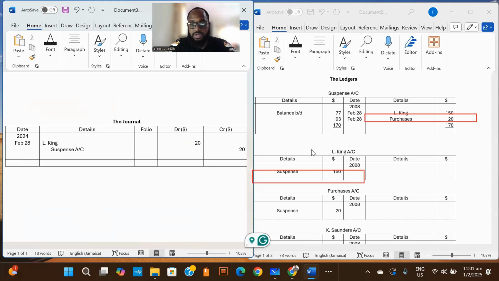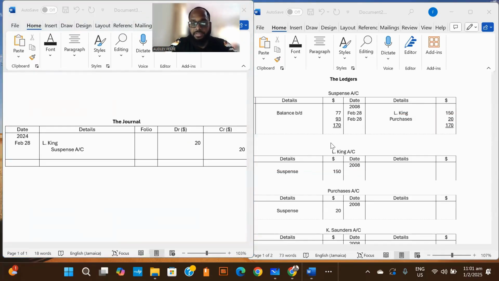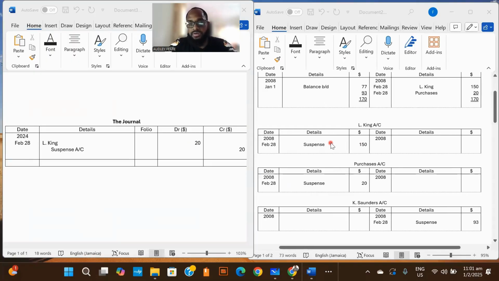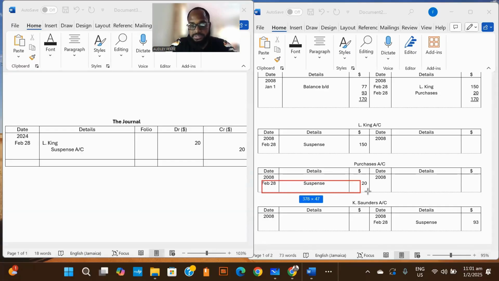Let's go to the second one, which was, let me delete the drawings, the purchases. It was undercast. What we did was we debited purchases, the purchase account, and we credited the Suspense account.